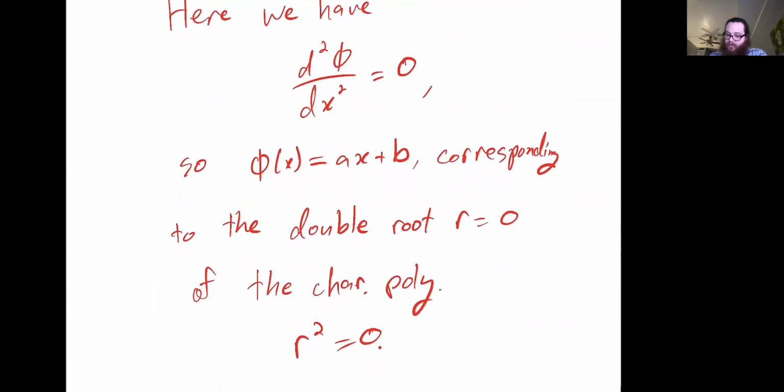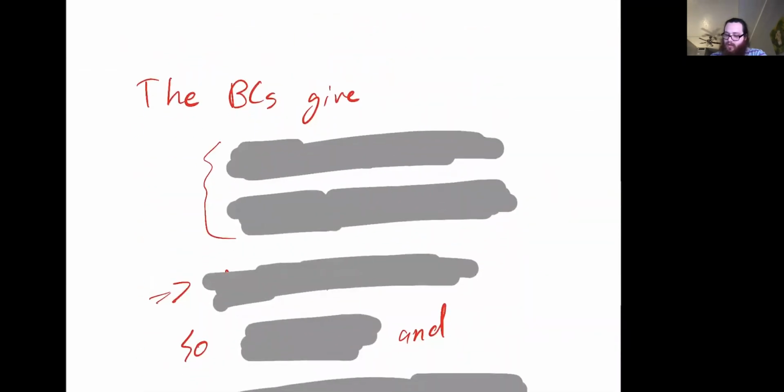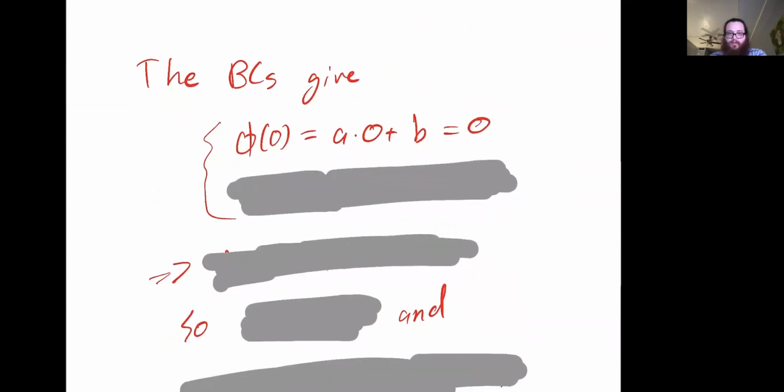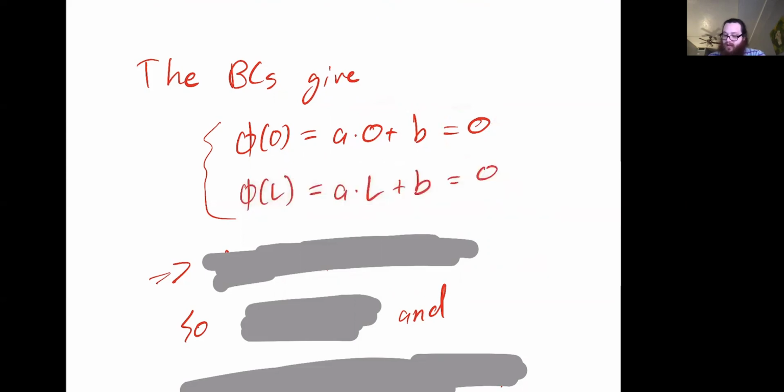Now the question is, what are the constants A and B? If we look back to the boundary conditions, phi of 0, you plug in the form of the solution, you get A times 0 plus B. We're told that has to be equal to 0. Likewise, phi of L is A times L plus B, and the boundary condition says this must be 0.